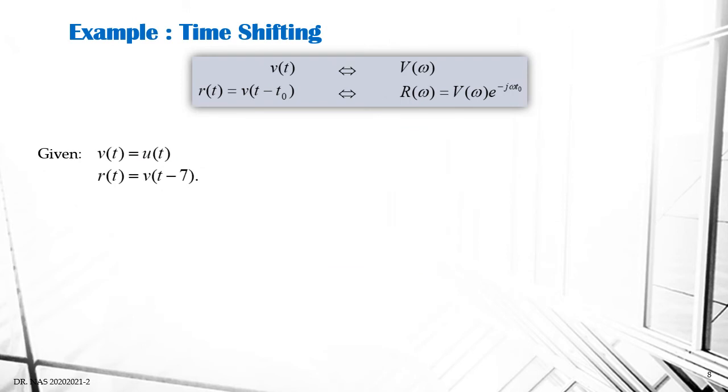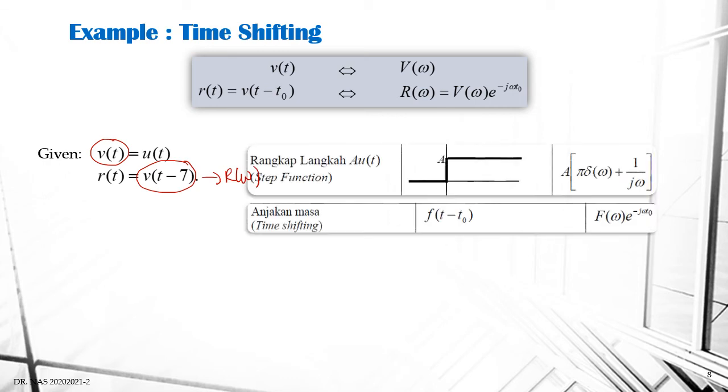Let's look at an example of a time shift operation using the Fourier transform. If you have v(t) given by u(t), and you need r(t), a new signal given by v(t − 7), you'll notice that the original signal is now shifted by 7. To determine R(ω), the first step is to refer to the table and compare to the equation you have.